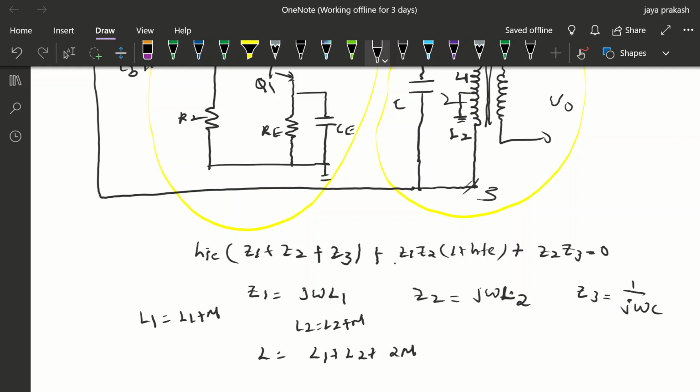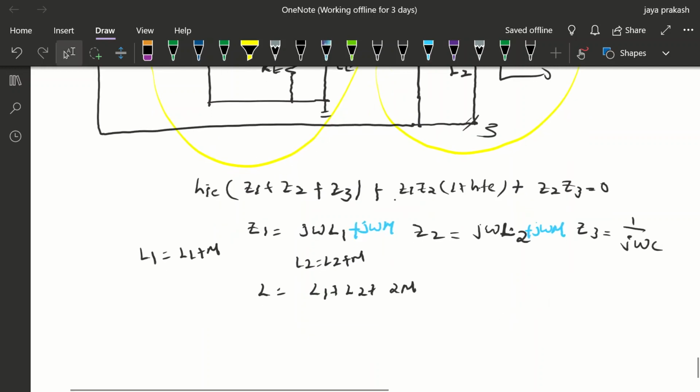So Z1 becomes j omega L1 plus j omega M, and Z2 becomes j omega L2 plus j omega M, where M is said to be the mutual inductance.